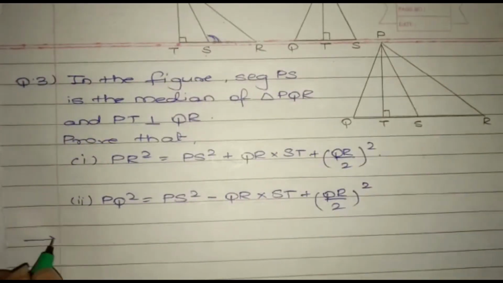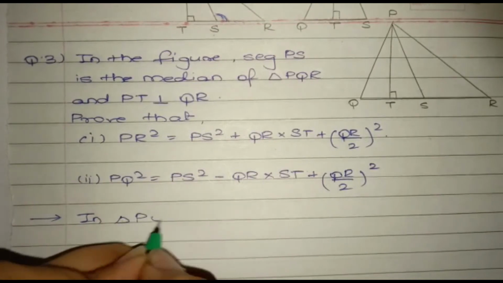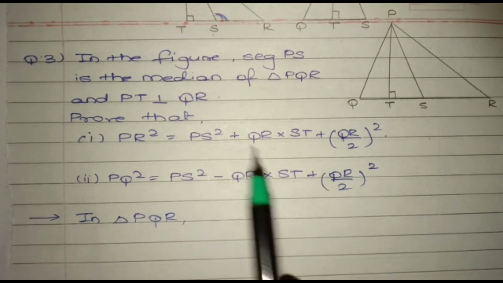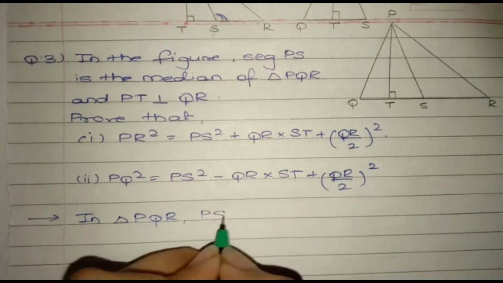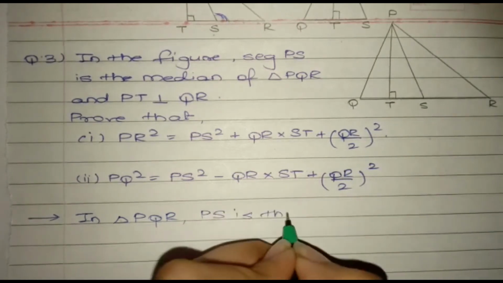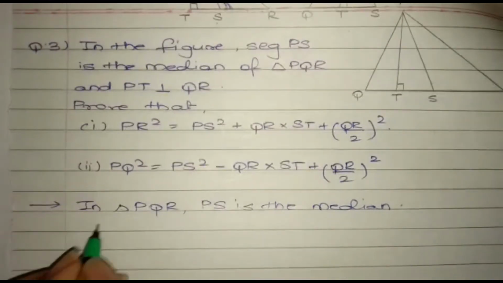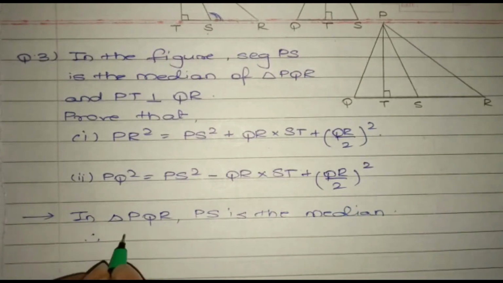First, in triangle PQR, we are going to write this statement in each and every sum of this practice set. So in triangle PQR, PS is the median. Therefore, S is the midpoint of side QR.